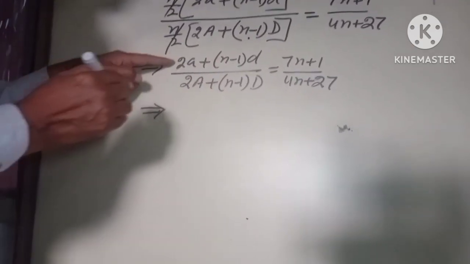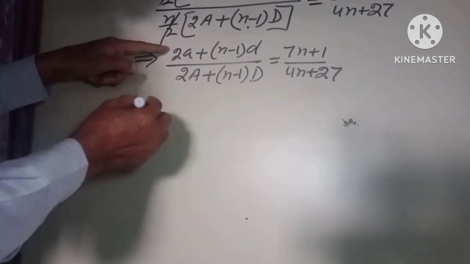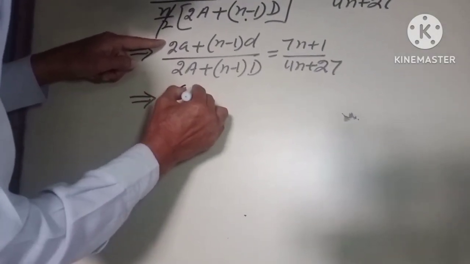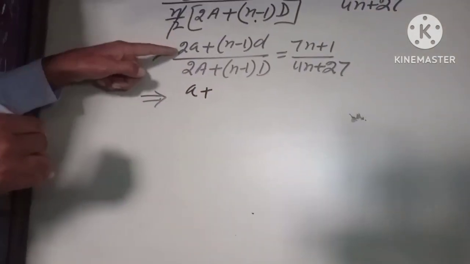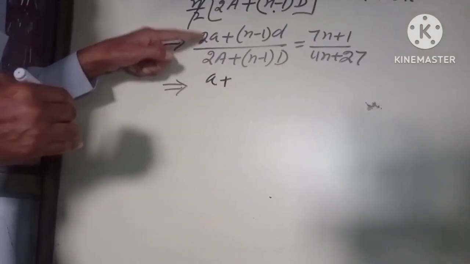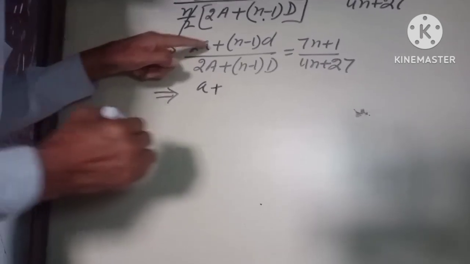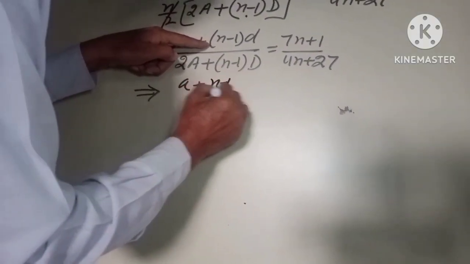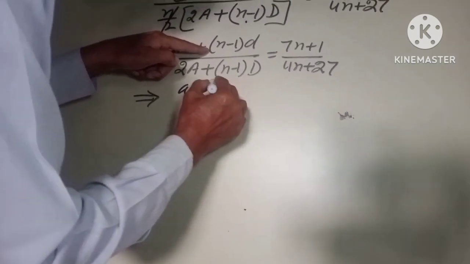And dividing numerator as well as the denominator by 2, you get a plus n minus 1 upon 2 d.